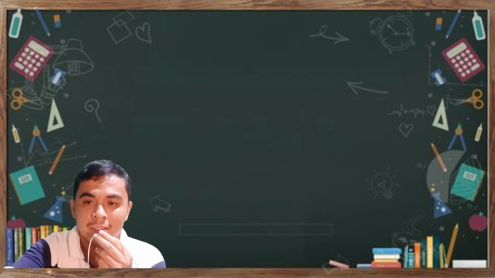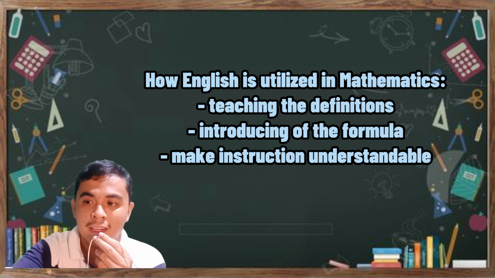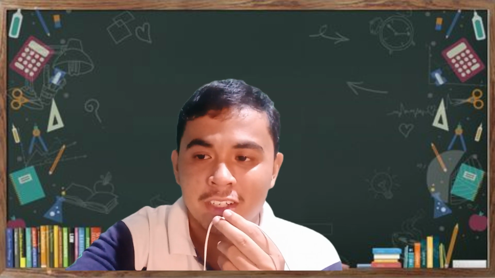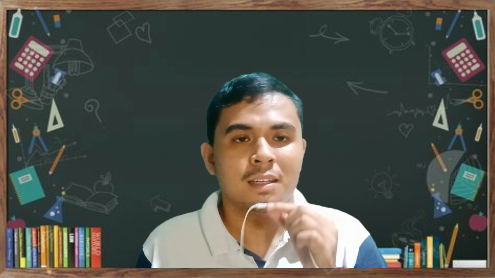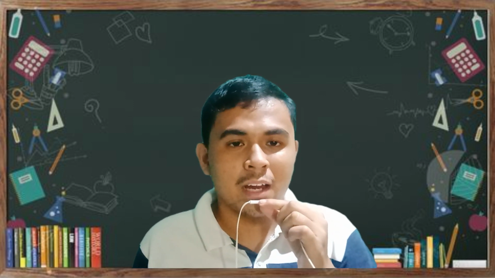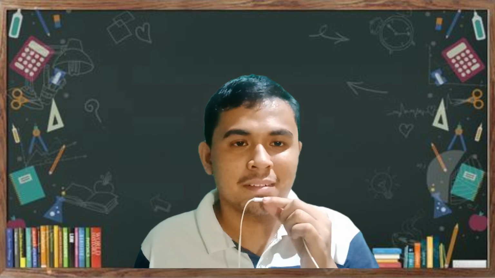The main purpose of this is to help the teachers deliver the essential knowledge to the students by teaching the definitions of the topic, introducing the formula, and making the instruction understandable to the learners. That's the main reason mathematical English is used in teaching mathematics. That's all for my part, and now let's proceed to another topic.